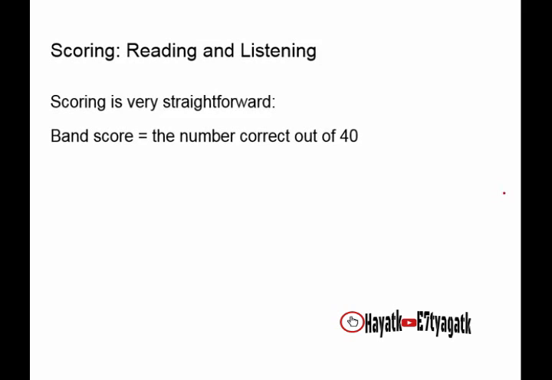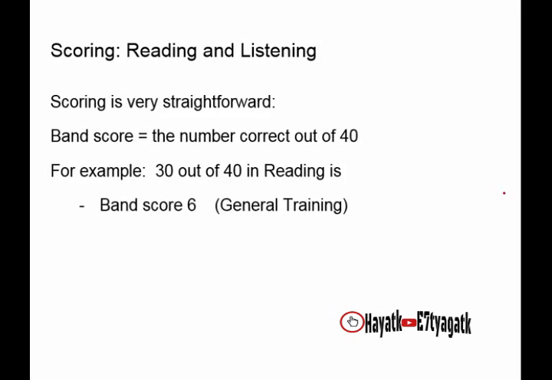And your band score for listening and reading will just be the score you received out of 40. So for example, if you get 30 out of 40 correct in reading, if you're taking the general training exam, that means you'll get a band score of 6. For the academic reading section, getting 30 out of 40 means you get a band score of 7.